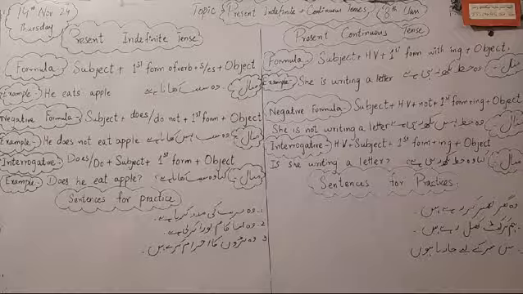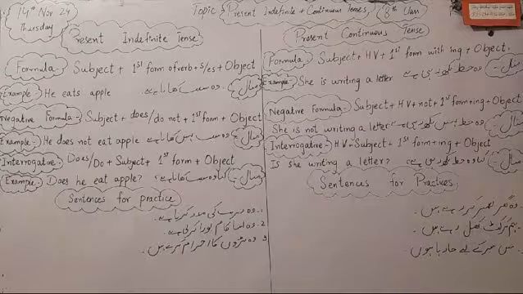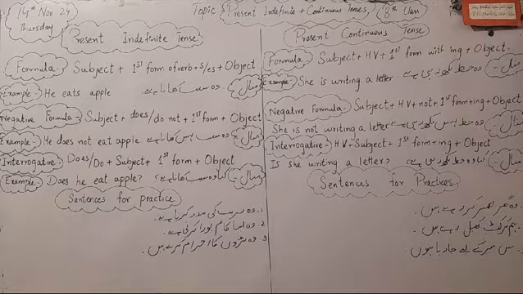As you already know, we use is with he, she, it, a name, which means we use is with singular things. We use are with plural things, and we use am with just I. Next is the negative formula.